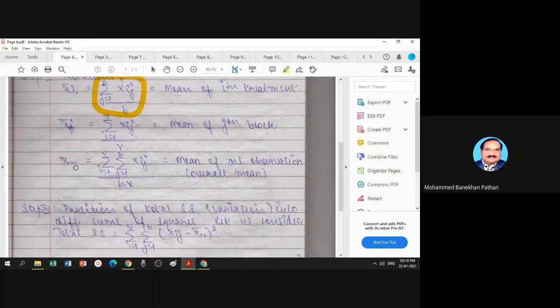That is to be remembered. X bar double dot is double summation i 1 to v, j 1 to b, X_ij divided by bv, that is mean of all observations, called the overall mean.